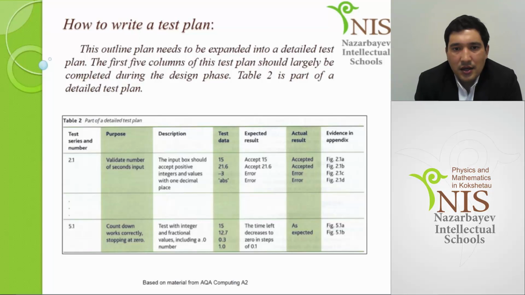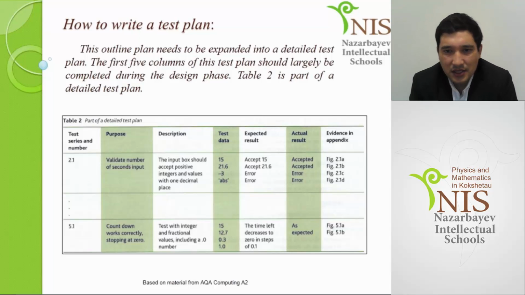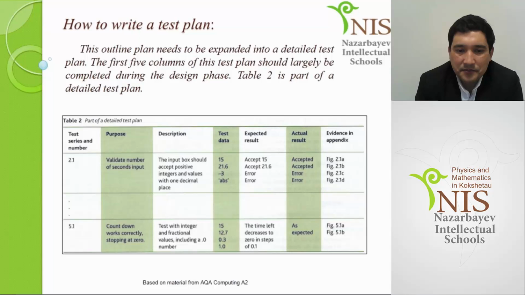How to write a test plan. This is the second part of how to write a test plan. This outline plan needs to be expanded into a detailed test plan. The first 5 columns of this test plan should largely be completed during the design phase. Table 2 is part of the detailed test plan.